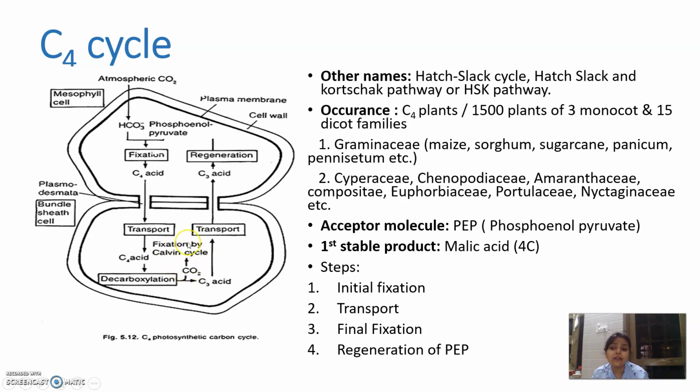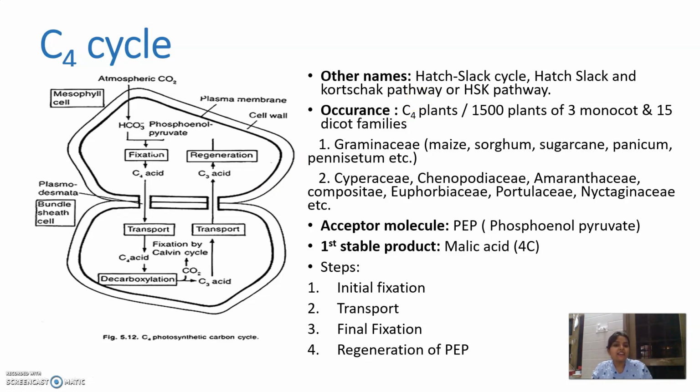C4 plants perform this Calvin cycle to avoid photorespiration, which is a wasteful process, wasting the carbon atoms. After that, the C3 acid formed is transported to the mesophyll cell, where it undergoes regeneration to form phosphoenol pyruvate.